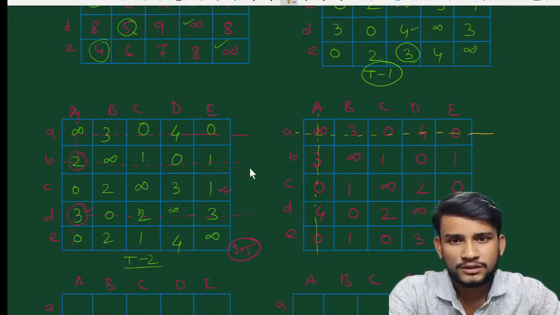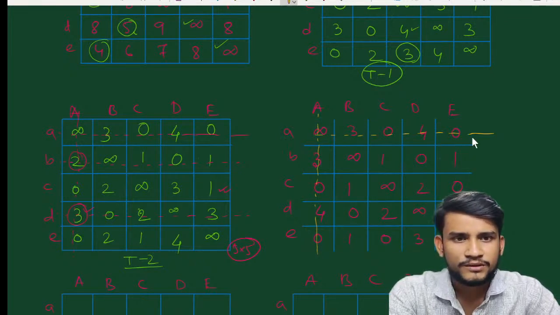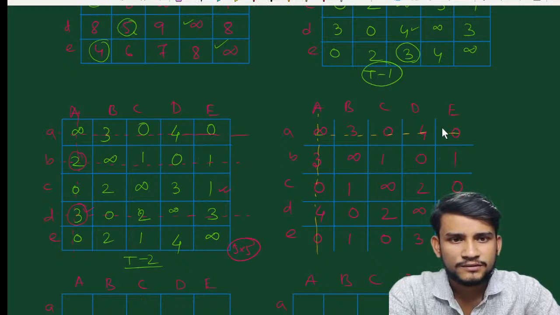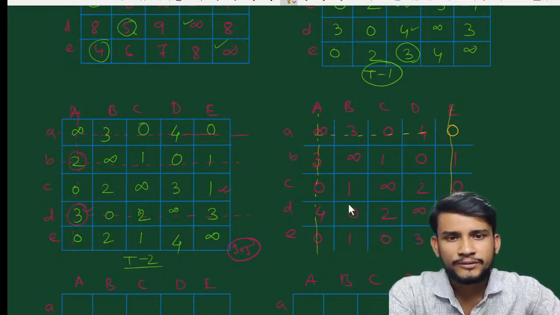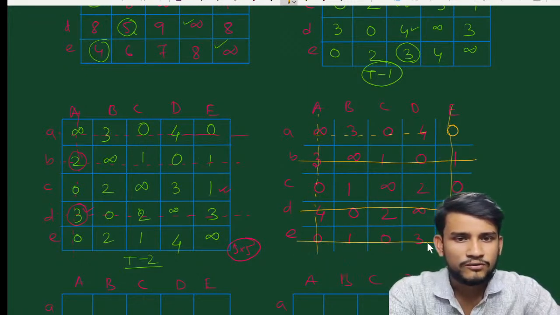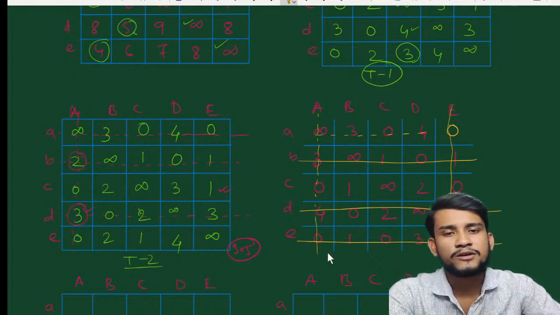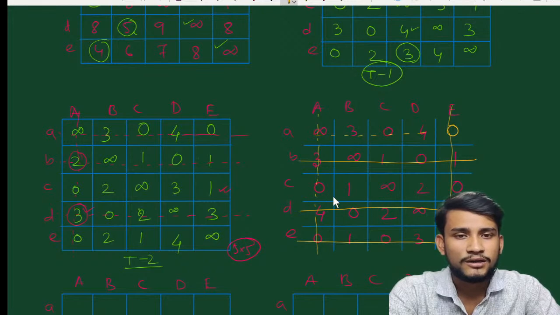No sorry, if we draw this line, then some are uncovered. Okay, this line misses this 0. Okay, so this is one line, second line. Okay, and then 2, 3 and 4, so there are 5 lines and the order of the matrix is 5. Okay, so this is the optimal solution.